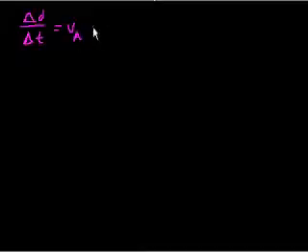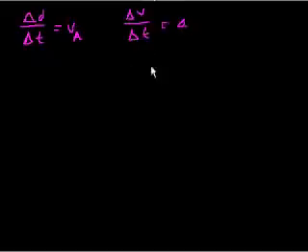So we know the change in distance divided by the change in time is equal to velocity, average velocity. It would equal velocity if velocity is not changing, but average when velocity does change. And we have constant acceleration. That's an important assumption. We know that the change in velocity divided by the change in time is equal to acceleration.